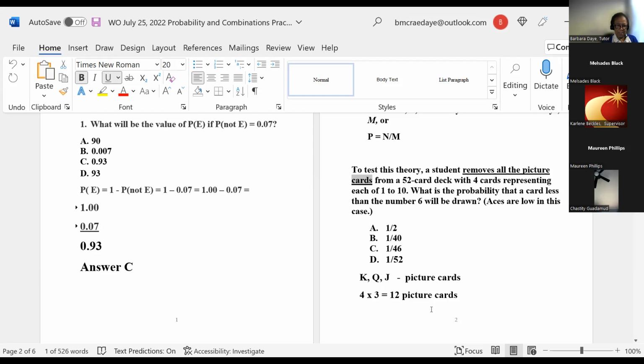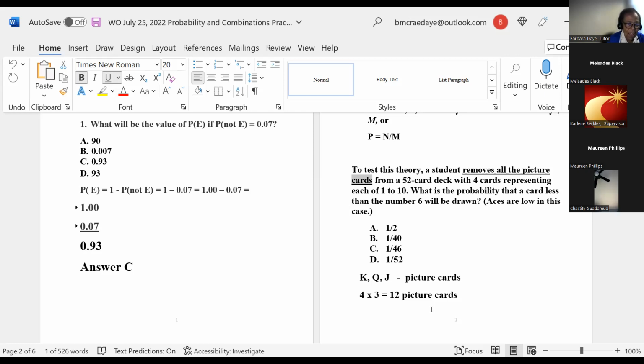You follow, Mercedes? Three picture cards means, isn't it 4 picture cards for each of them, like 4 kings, 4 queens? Yeah, there are 4 suits. In a deck of cards, we call them suits. I know that, but why is she using 3? Because there's 3 picture cards per suit. Every set of clubs has king, queen, jack. Every set of spades has king, queen, jack. Every set of diamonds has king, queen, jack.